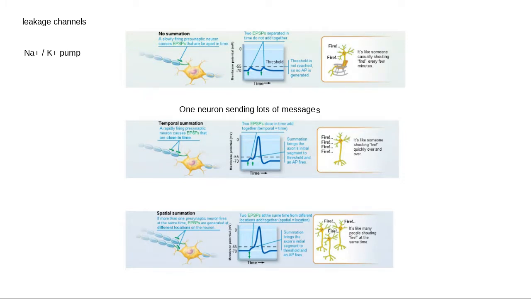So either you are sending a lot of excitatory messages that makes that neuron want to talk to somebody else, or you're a neuron who sends a lot of inhibitory messages. When we're doing temporal summation, you're hearing a lot of the same thing. Either a lot of excited messages or a lot of not excited messages. We're never going to hear a mix. It's always going to be one or the other.